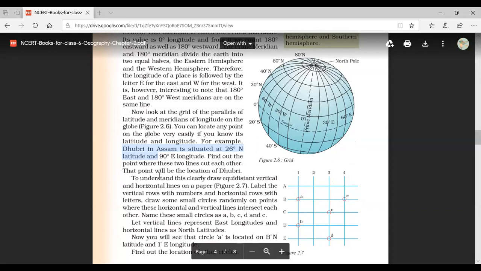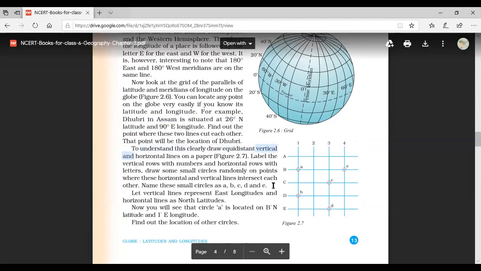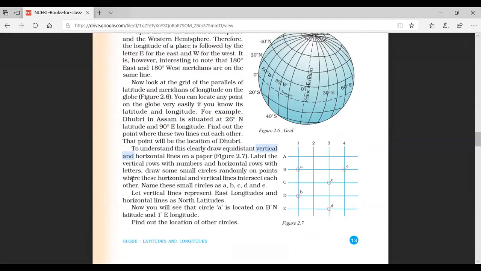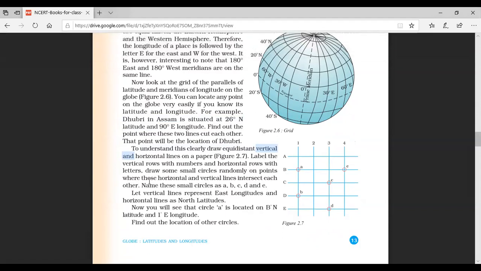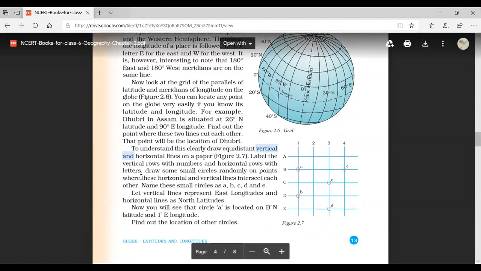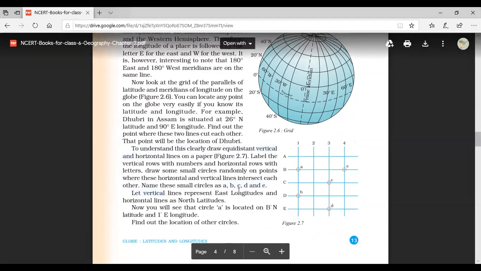To understand this clearly, draw vertical lines, label the vertical rows with numbers and the horizontal rows with letters. Draw some small circles randomly on the points where they intersect each other. Name these circles A, B, C. Let the vertical lines represent the east longitude and the horizontal lines the north latitudes.